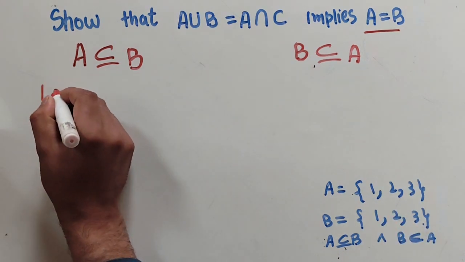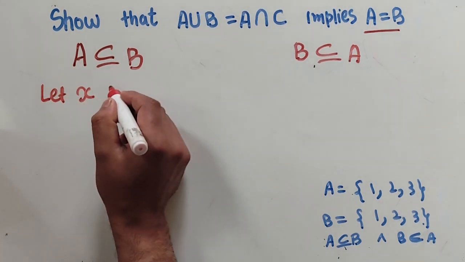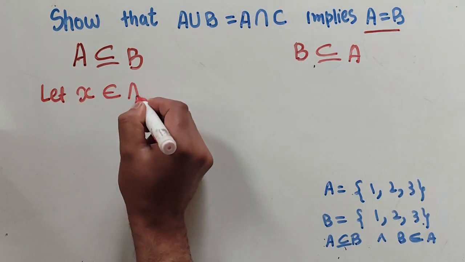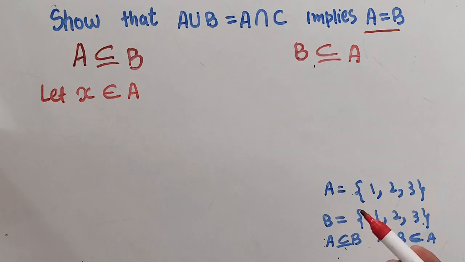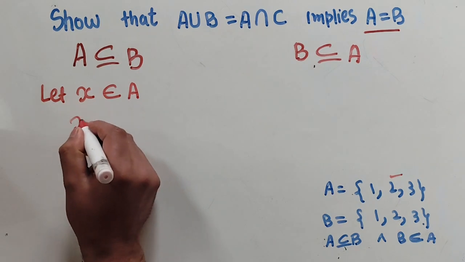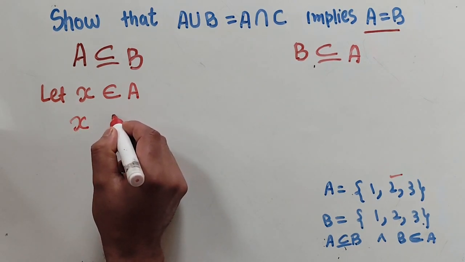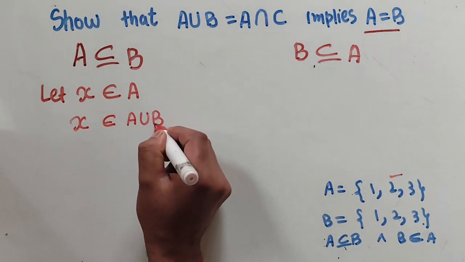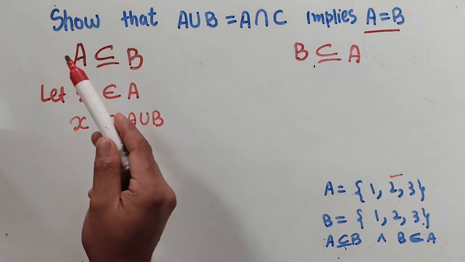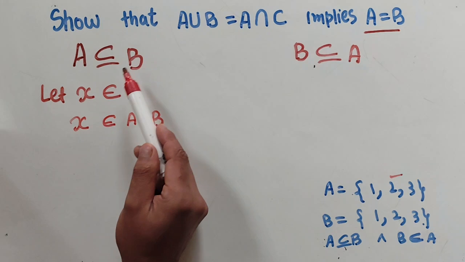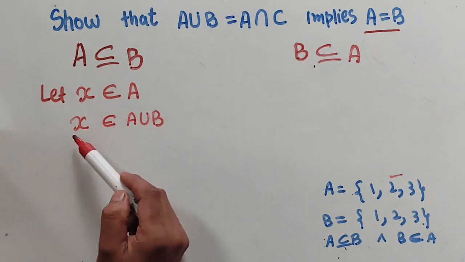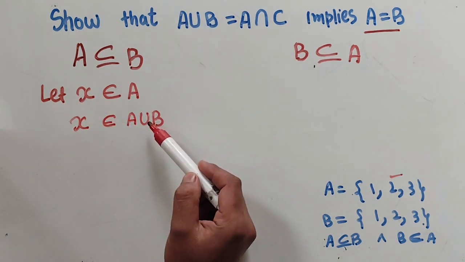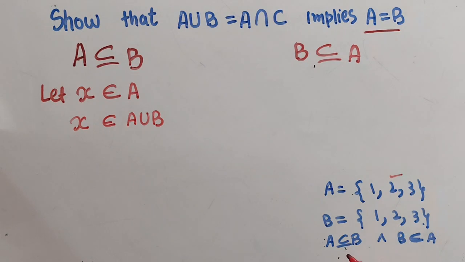So let us suppose X be an element that belongs to set A. Okay, if X is an element, let us suppose 2 is here, element which belongs to set A. That implies X will belong to A union B. Okay, since A is the subset of B, if X belongs to A, X will belong to A union B. Okay, here what will be the A union B?